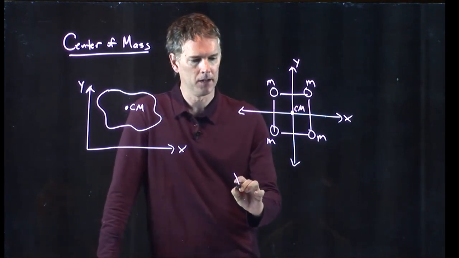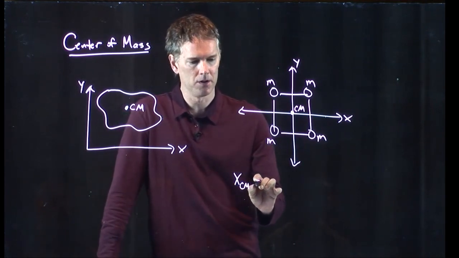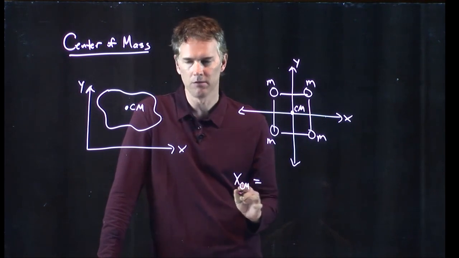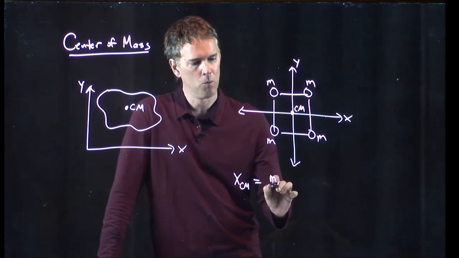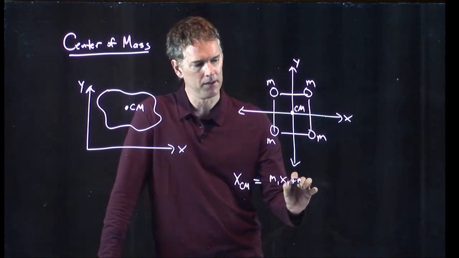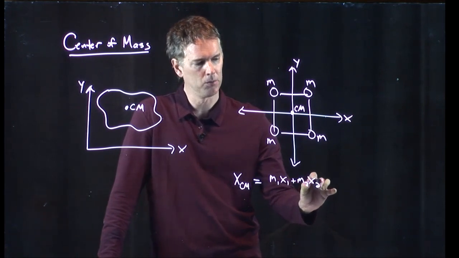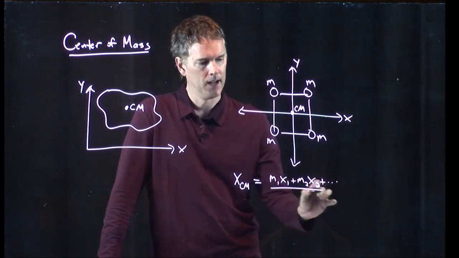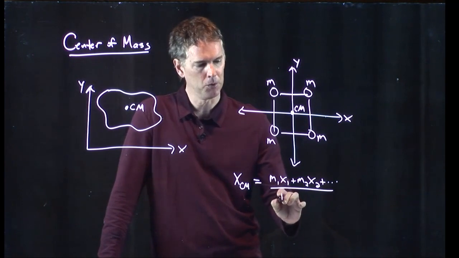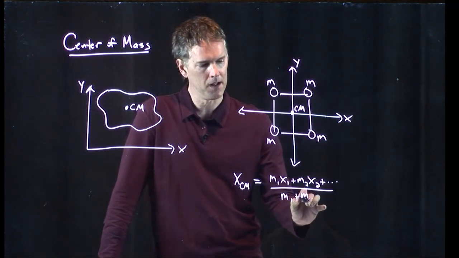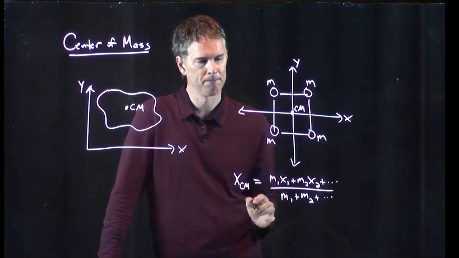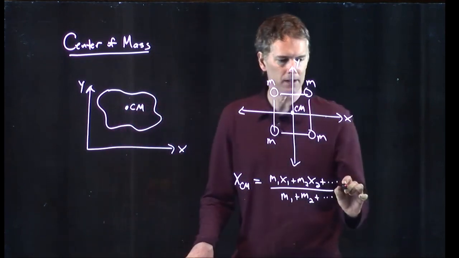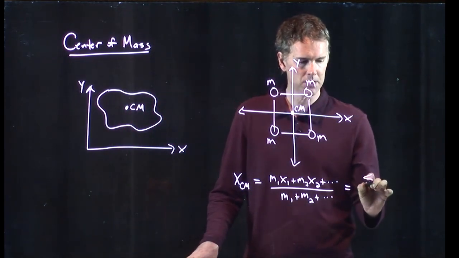I do the following. X position of the center of mass is the following. m1 x1 plus m2 x2 plus ... and I divide by the total mass, m1 plus m2 plus ... I can rewrite this as a summation.